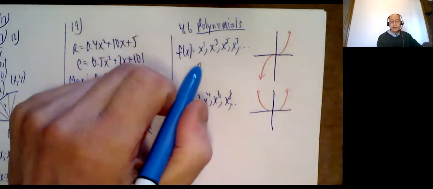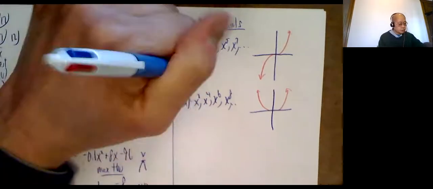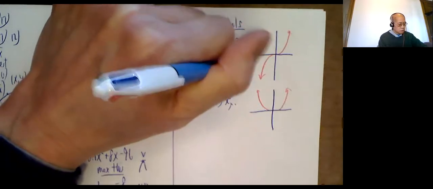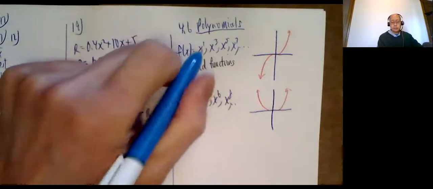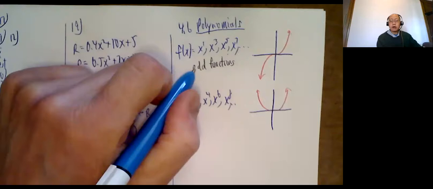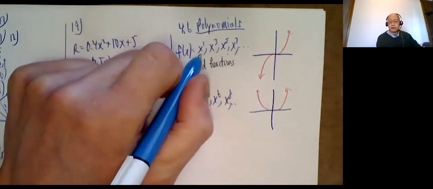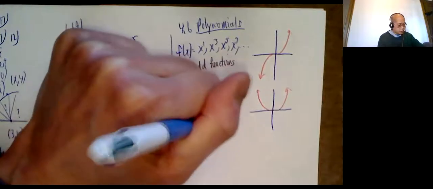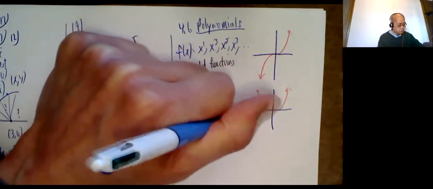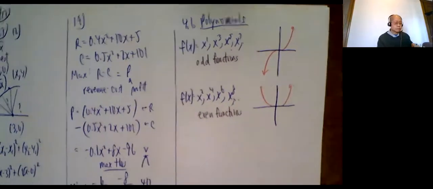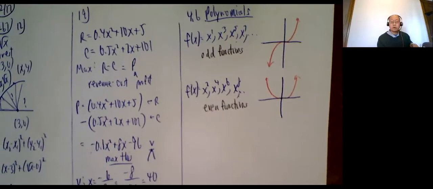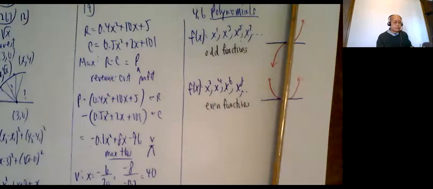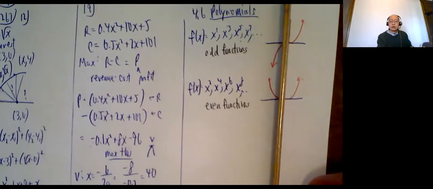Okay. In fact, there's a name that we can give to some of these. These are odd functions. Kind of makes sense. Although there are odd functions that don't look like this, so I'll give you a formal definition of odd and even functions shortly. These are even functions. Okay, it looks like for even functions, we have symmetry with respect to the y-axis.